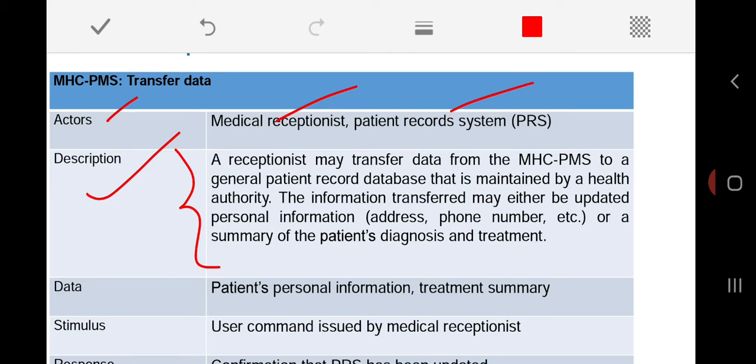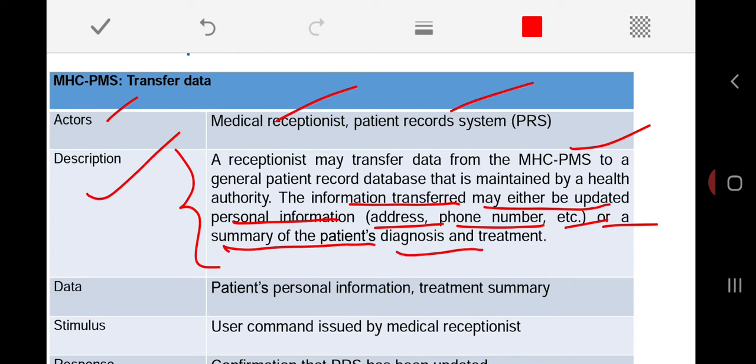A receptionist may transfer data from MSc PMS to a general patient record database that is maintained by a health authority. The information transferred may either be updated personal information, including address, phone number, etc., or the information may be the summary of the patient diagnosis and treatment.